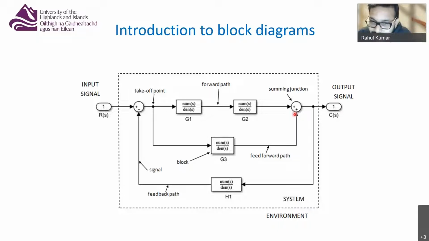But in this summing junction, you are subtracting the two signals. You have a plus sign and a minus sign, so you are subtracting the feedback signal or your output signal from the input signal. Either way, whether you are adding two signals or subtracting two signals, this is called your summing junction.